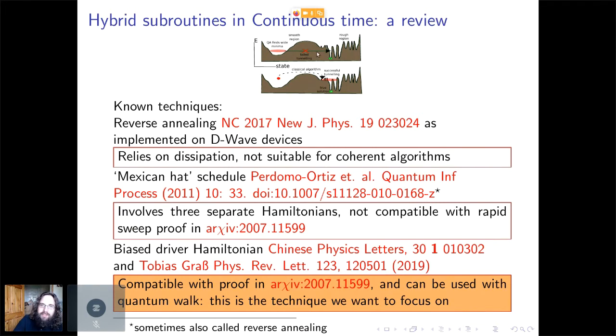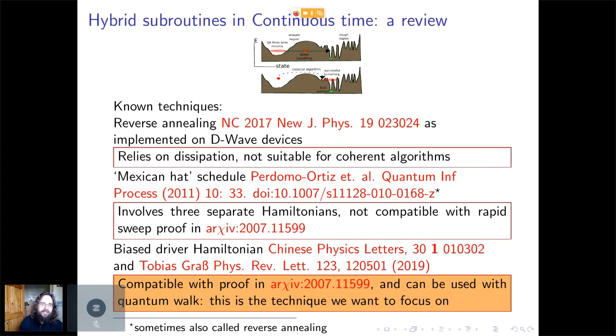But in rough regions of the landscape, you can tunnel pretty easily classically, and finding your way around something fairly smooth is also fairly easy classically. So perhaps you could use a classical algorithm to get here and then win by being quantum afterwards. There are known techniques. There's an experimentally implemented reverse annealing technique, where there's a paper talking about how you might do it. It's since been implemented, but this relies on the dissipation in these D-Wave devices.